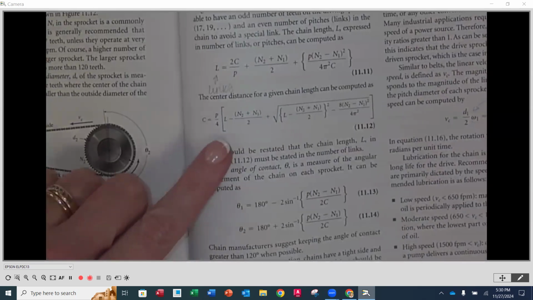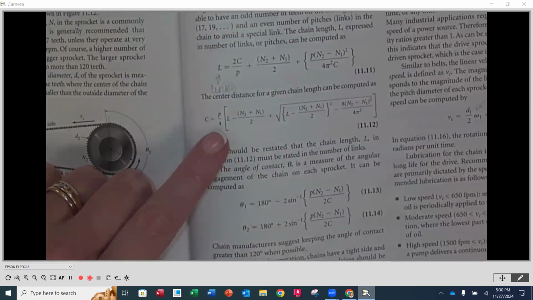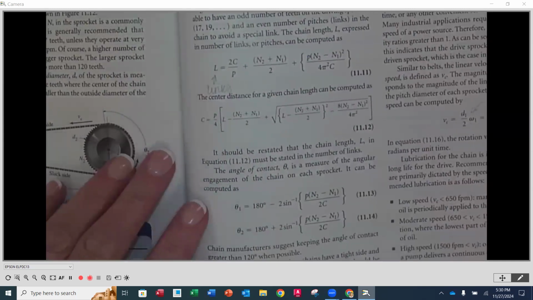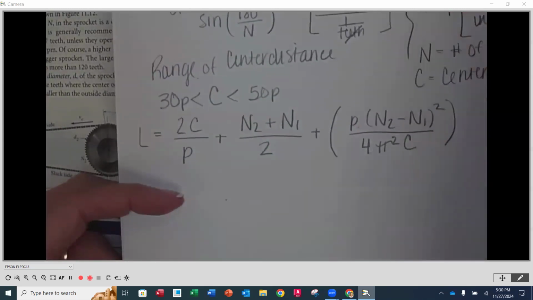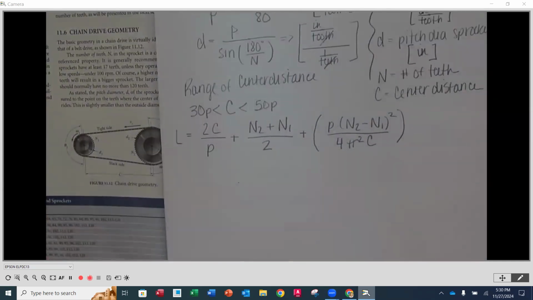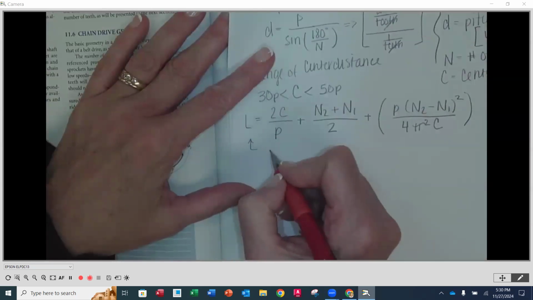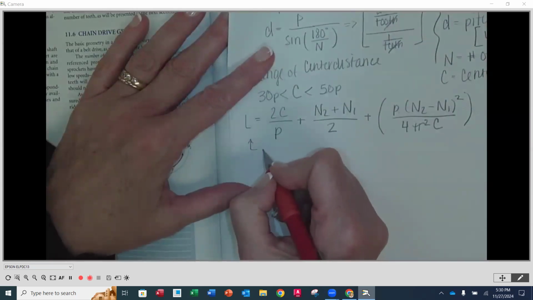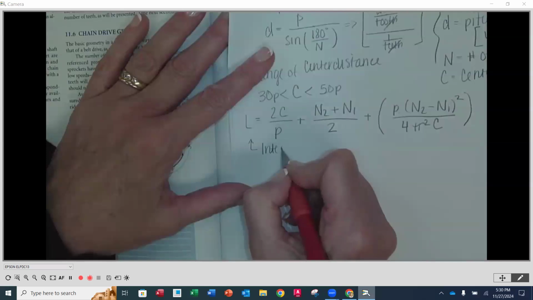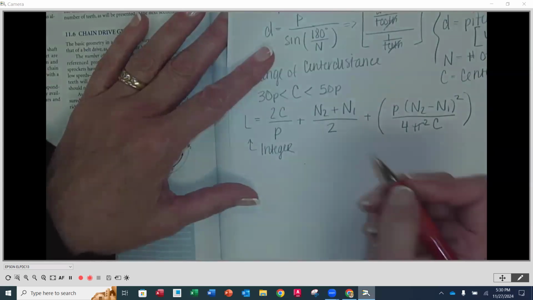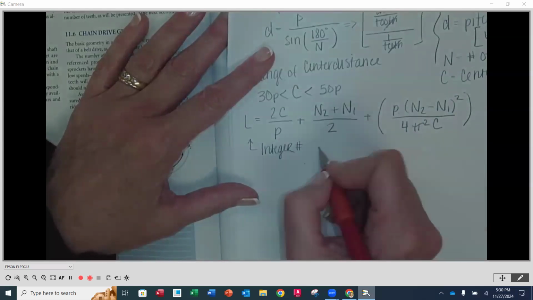The next equation we want to write down is for once we get our links. Once we get the number of links, we're probably going to calculate it, and it's going to be a decimal value. So what we're going to do is choose an integer number, and it needs to be even.